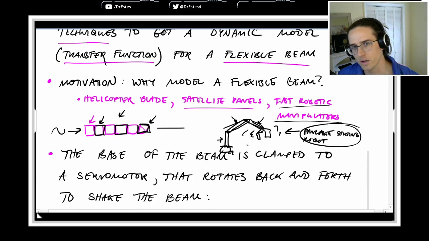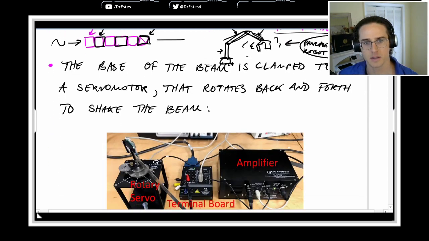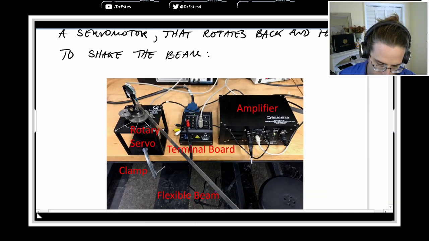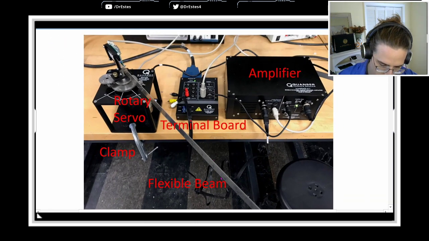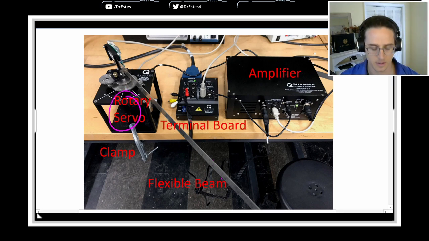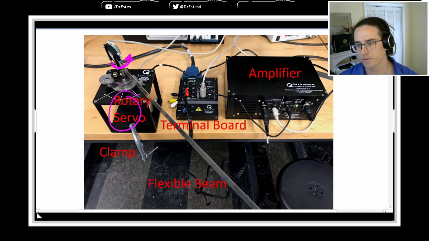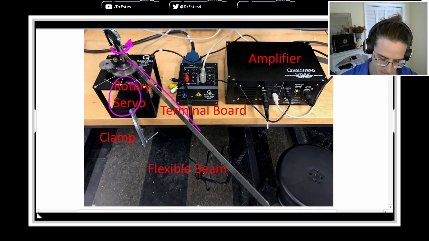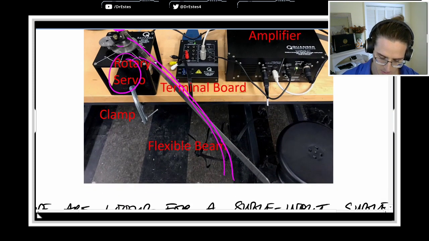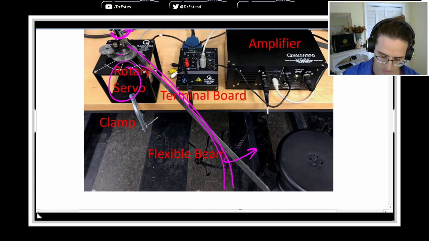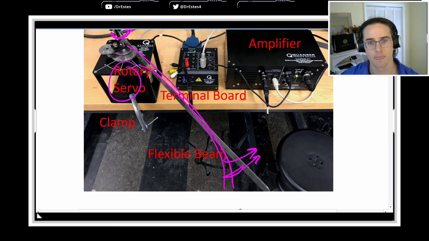So we're going to model a flexible beam, and it looks like this. Okay, so this is the way it works. We have a servo motor over here. And so you can see some gears here, but basically this is going to rotate back and forth. And as this rotates, this flexible beam is going to bend and vibrate back and forth.